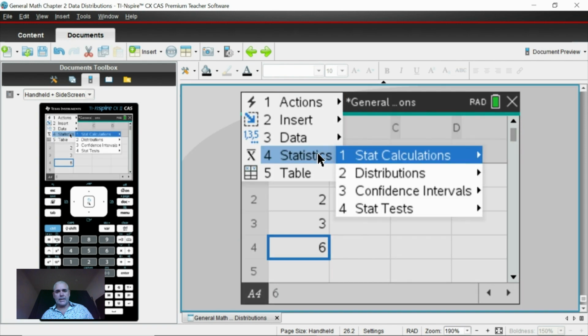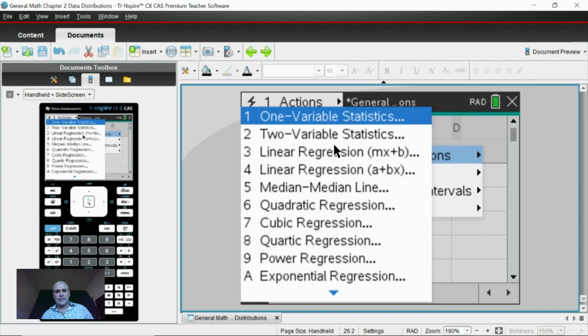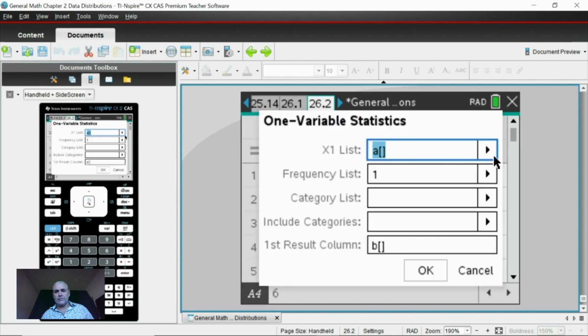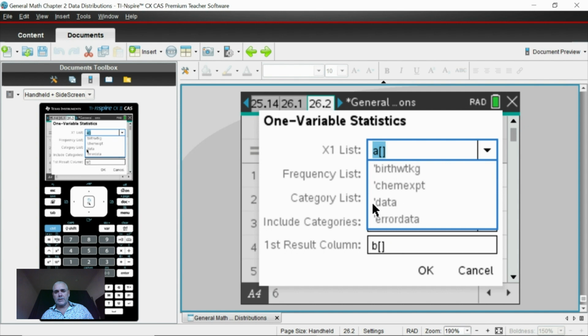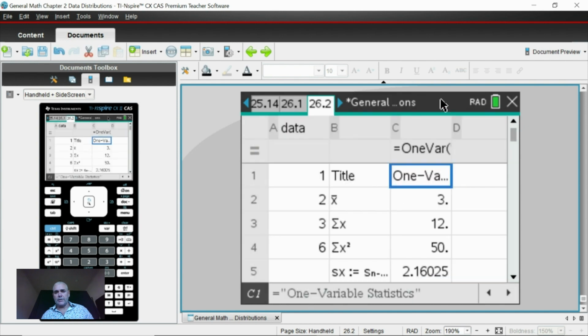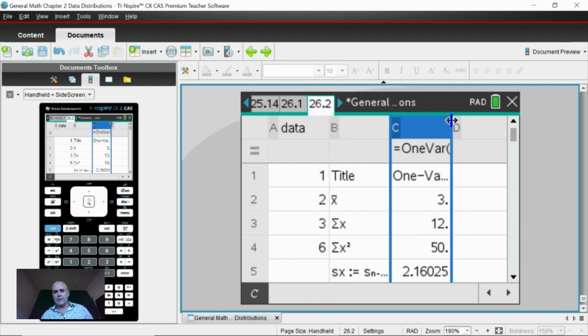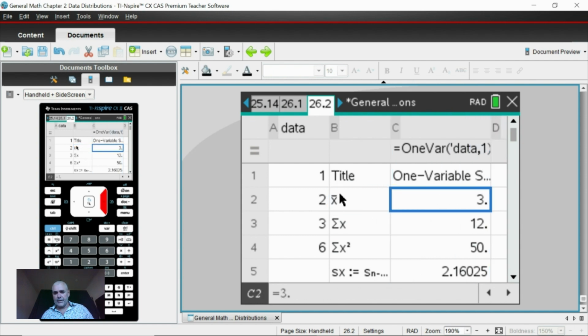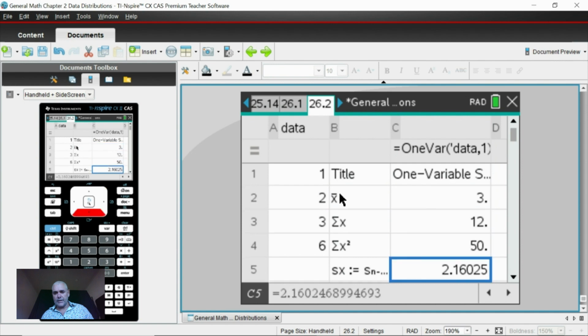Menu, stats, one variable, statistics. Now I feel like we've done this a few times, and so this should be quite automatic for you. Now we're just checking that we've got the right thing in here. Yes. So here's our mean, and we can read off the value.